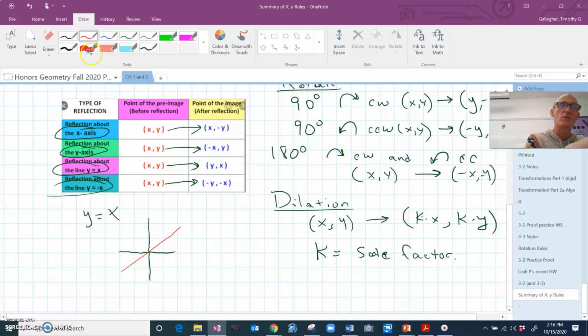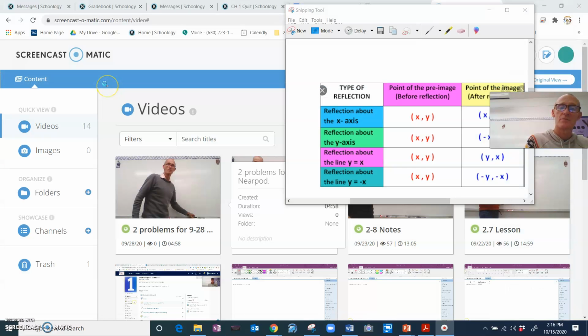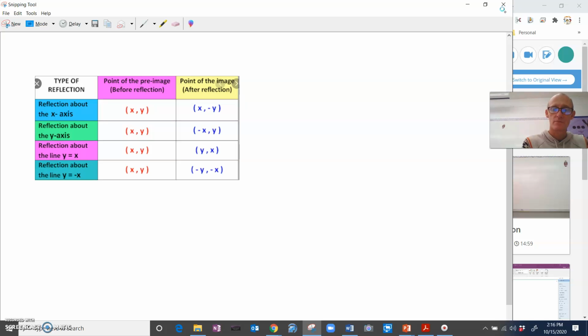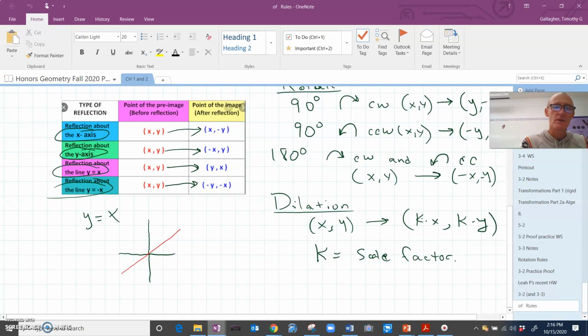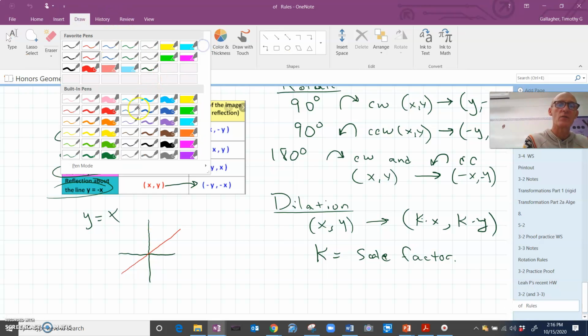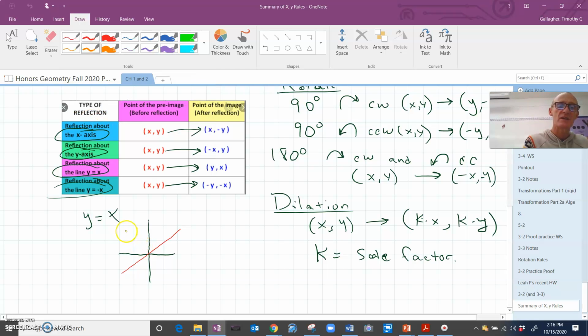And the line y equals negative x, I will make it orange. That's this line here.